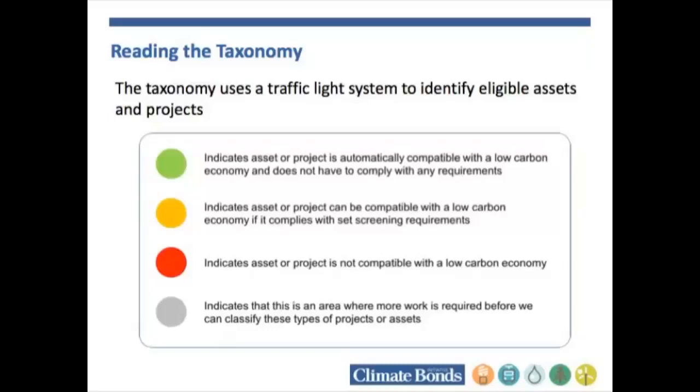They're definitely not ineligible, but we're just not sure yet of the requirement that would make them eligible for green financing. So they're where more work is required, and those projects will be on our priority list for developing criteria and talking to experts to move them into one of the above classifications: green, orange, or red.